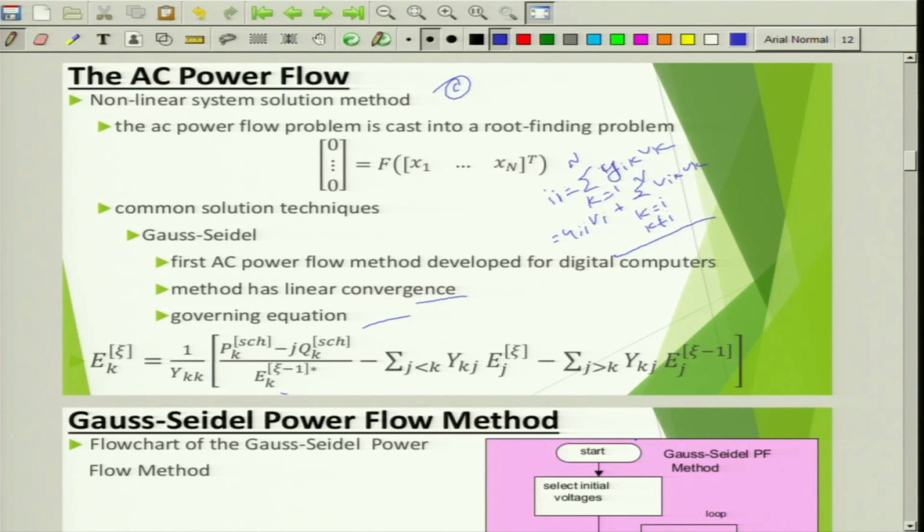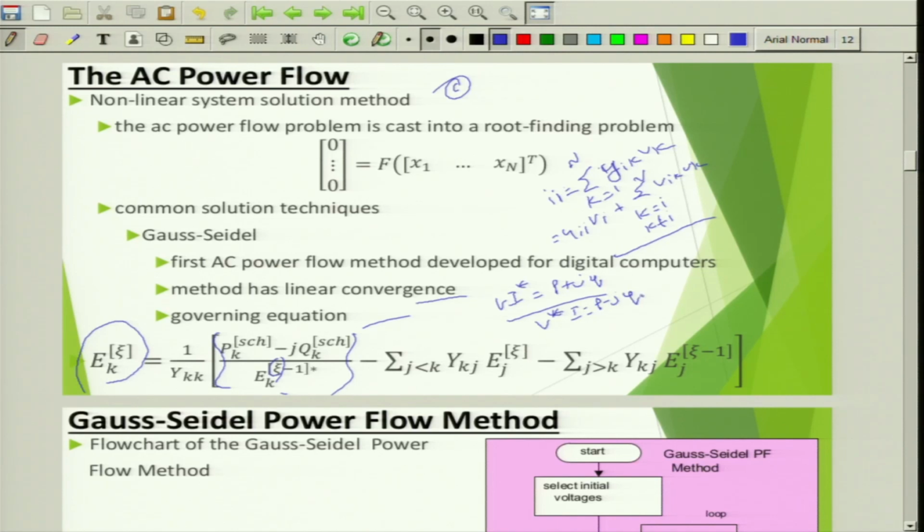What would we like to know? Ek is nothing but 1 by Ykk, times Pk scheduled minus jQk scheduled divided by Ek zeta minus 1 star, where zeta represents the iteration. By this expression, Vi star is equal to P plus jQ, so what is V star I?